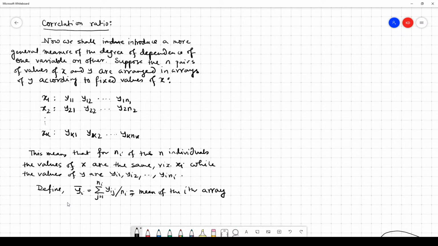And y bar, which is called the grand mean, is equal to the sum over i from 1 to k of ni yi bar by n. This is called the grand mean of y, where n equals the sum of ni over i from 1 to k.